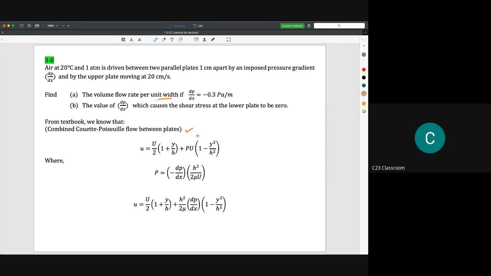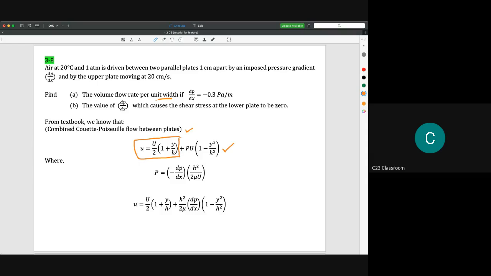So I just simplified this one. This is the common equation here, which you could get from page 111. Previously we showed that the velocity between two plates is u over 2, 1 plus y over h. This is in the previous notes.